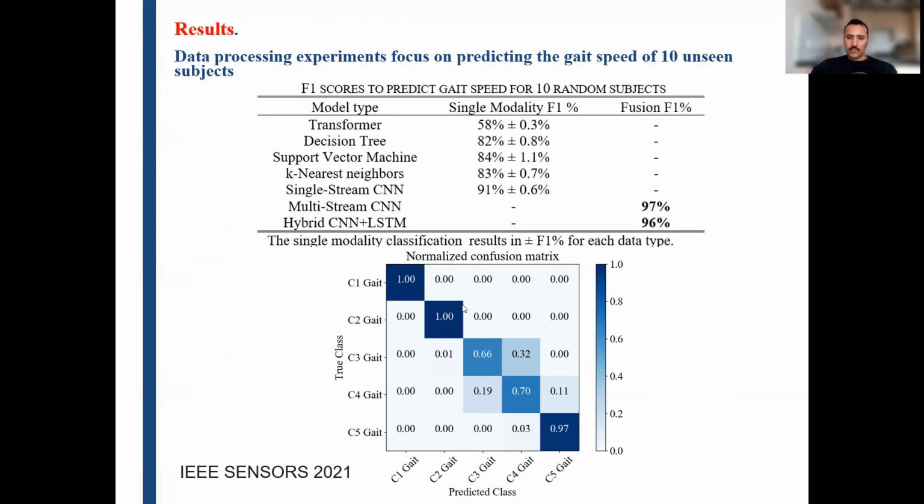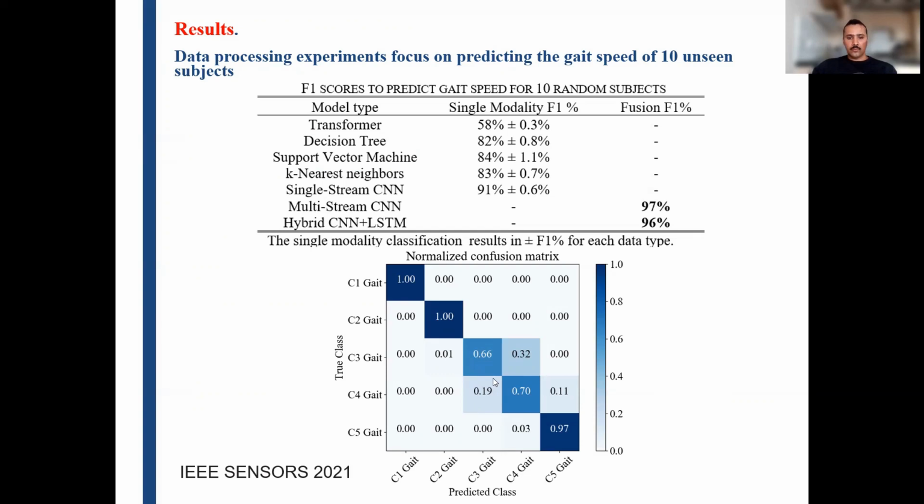As can be seen, when we did the classification, we did it into 5 gait speeds, and we noticed that gait speed 3 and gait speed 4, which is 0.8 to 1.2 meter per second, is similar to self-selected speed. So it means that all the people, the 10 never seen by the model, have a self-selected spontaneous speed of 0.8 to 1.2.